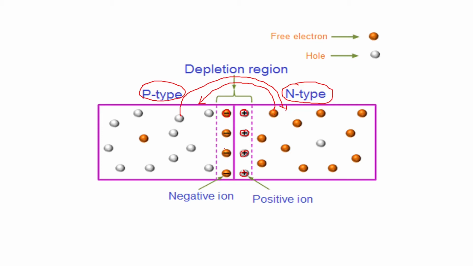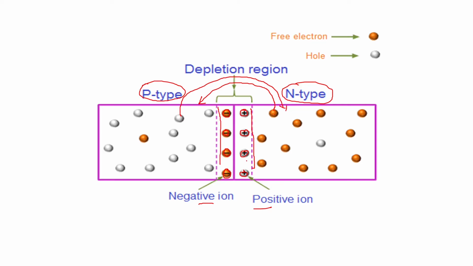Now this formation of positive and negative ions near the junction means you have immobile charges near the junction. They are not going to move. And in this area, you don't find any majority charge carriers of the p-type or n-type semiconductor.